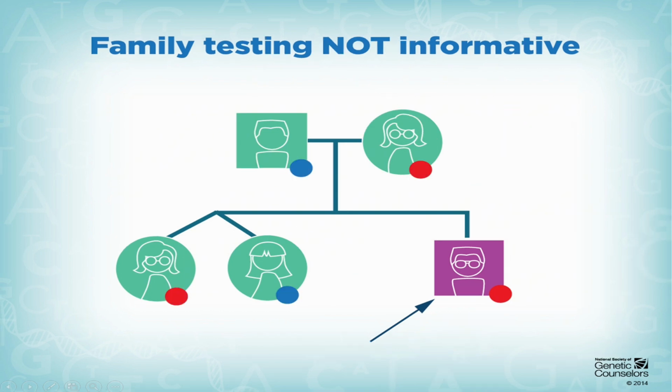However, in this case, family testing is not informative because there is no evidence of a de novo mutation that would account for the son's phenotype or any variation among the children. Without a clear identification of new mutations, we can't draw meaningful conclusions about genetic inheritance from this family, making the testing less informative. In this case, we cannot rule out the VUS as pathogenic.